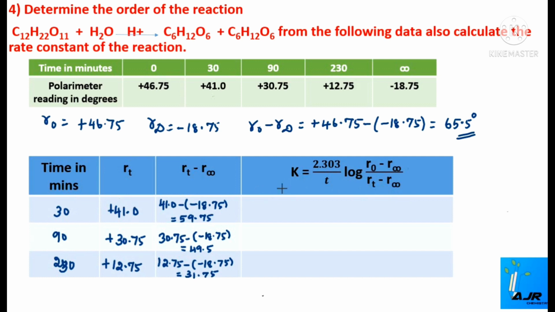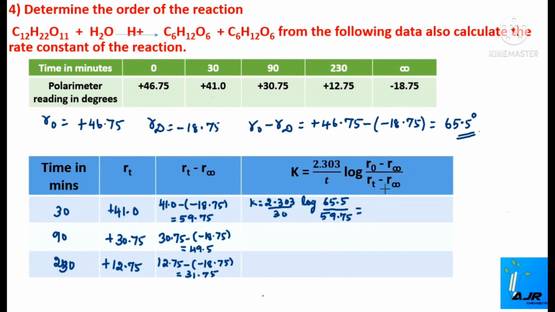So now we are going to substitute these values. K is equal to 2.303. What is the t value? It is 30 log. What is R0 minus R infinity? It is a constant value, 65.5. Is it not? So 65.5 divided by 59.75.